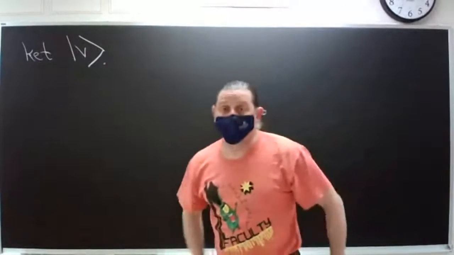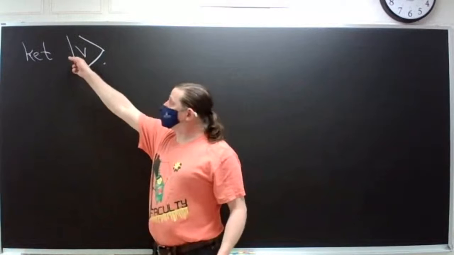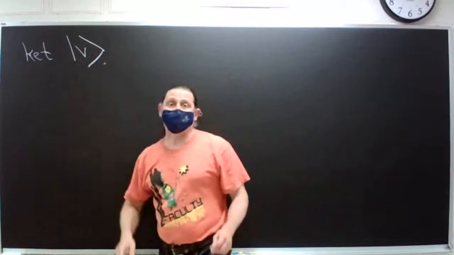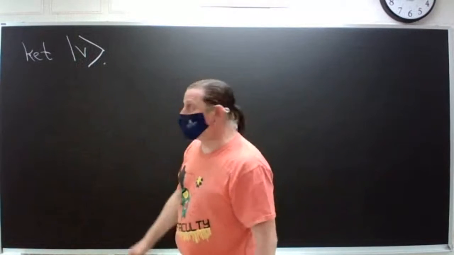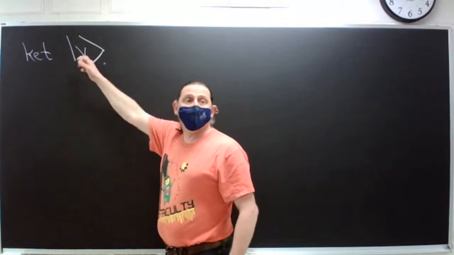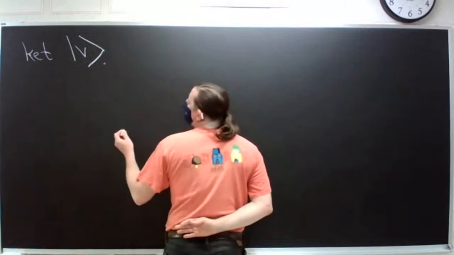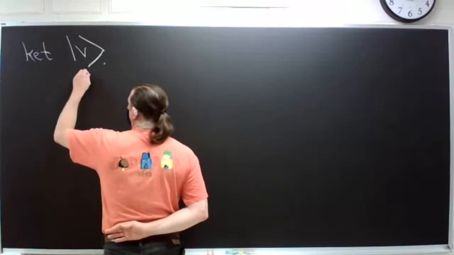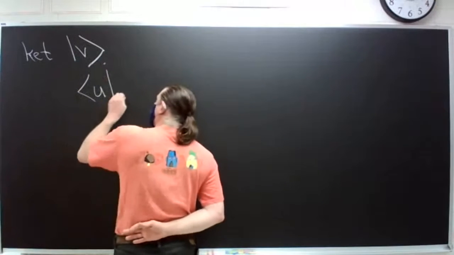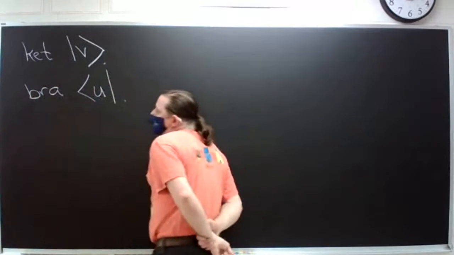So when working with infinite dimensional vector spaces, it's often useful to use a different notation. Rather than writing V bar, I'm going to write this ket vector V here. When I have an inner product, I'm going to put a bra vector, which is like backwards, like that.